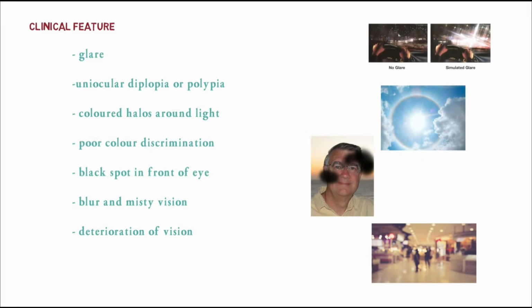After that we discuss the clinical features, that is glare, uniocular diplopia or polyopia, colored halos around light, poor color discrimination, black spots in front of eyes, blurred and misty vision, and deterioration of vision.